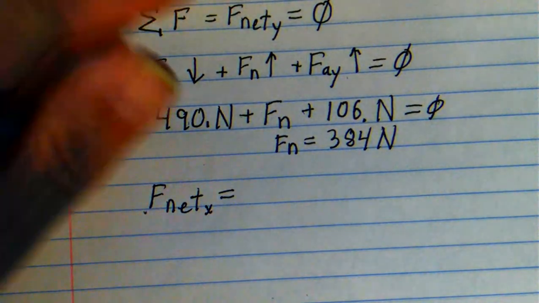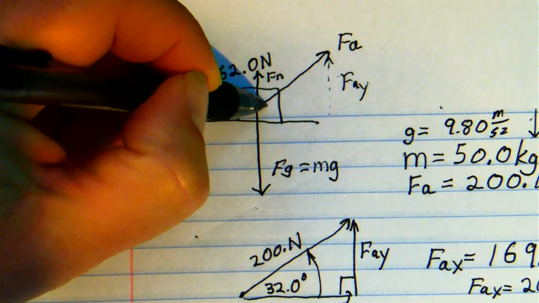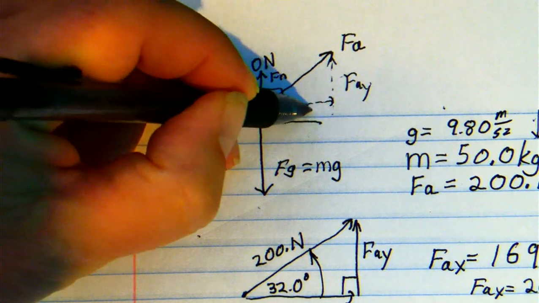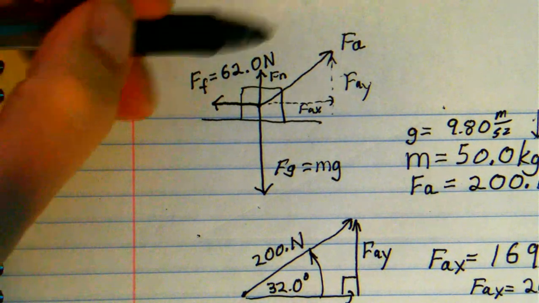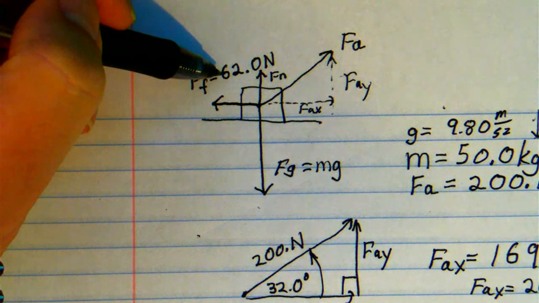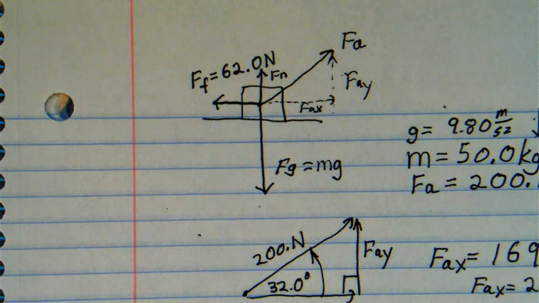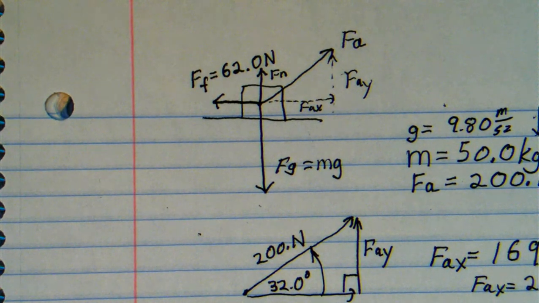Okay. Horizontally, there's the x component of the applied force acting to the right. There's 62 newtons of friction acting to the left. The net force is the vector sum of those two arrows. Katie, I'm going to ask you what you get.